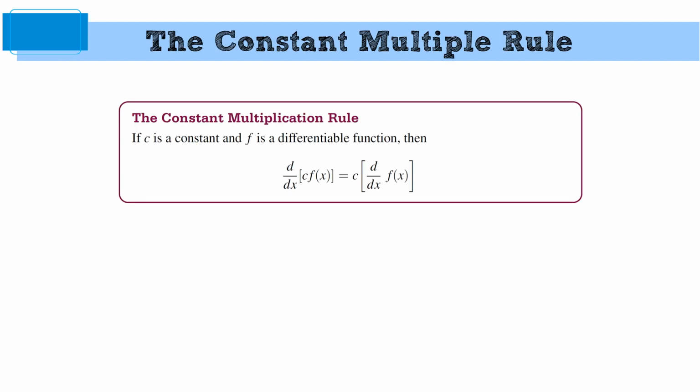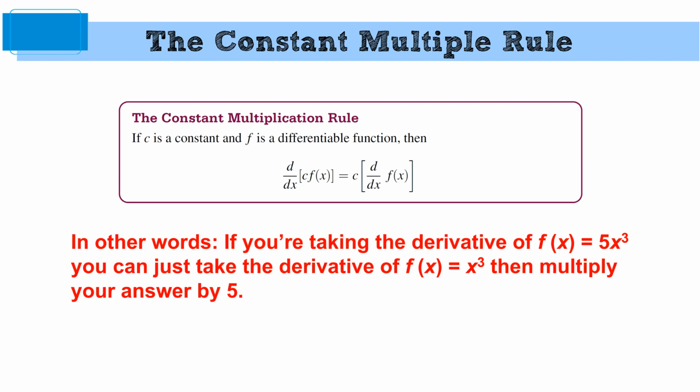There it is, in fancy maroon rectangles, so it's got to be a big deal. Not going to turn blue this time. Now you might be saying to yourself, okay, so I move the constant out in front, I take the derivative, and I multiply it by that constant. We're going to skip that.